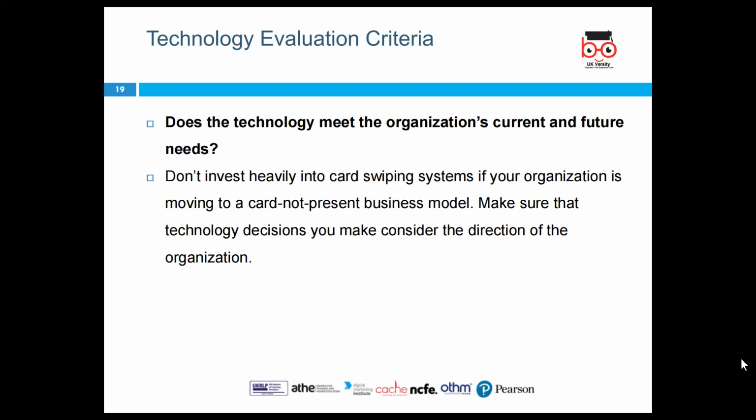Okay, so another important evaluation: does the technology meet the organization's current and future needs? As we mentioned before, depending on whether you work as a project manager or in any other related role within the company, there are certain questions that need to be answered before deciding to make any changes or adopting a new technology.